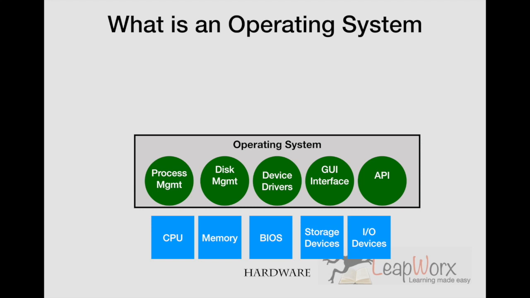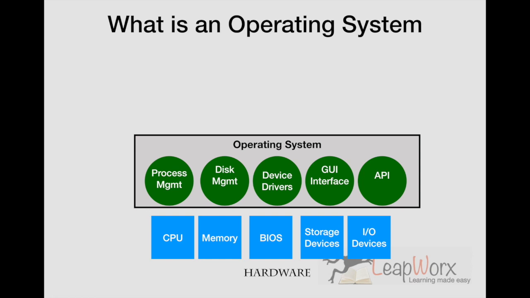But when you want to manage something in the hardware, when you want to write to a disk, for example, or calculate how much memory you have, for all of those things you will be using software that is already written. So your program can call another program, and that program is the operating system.